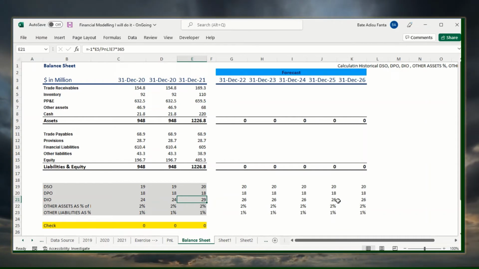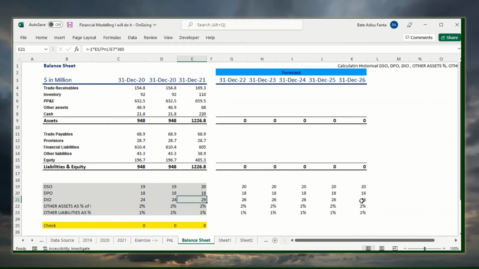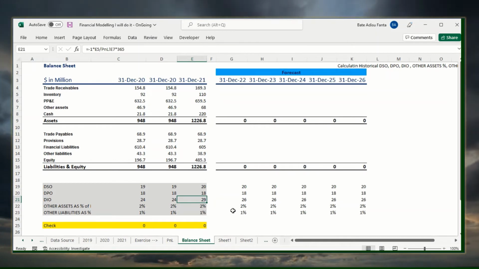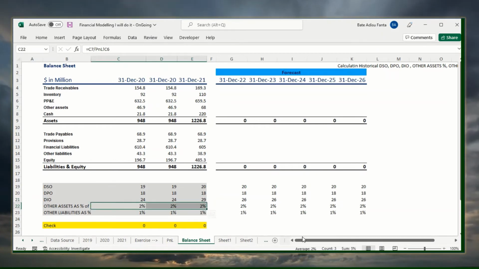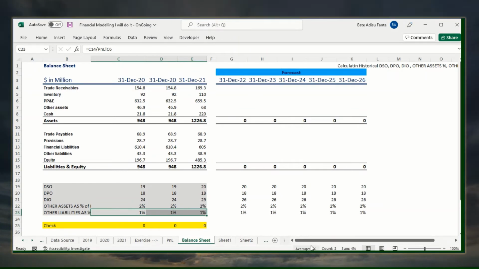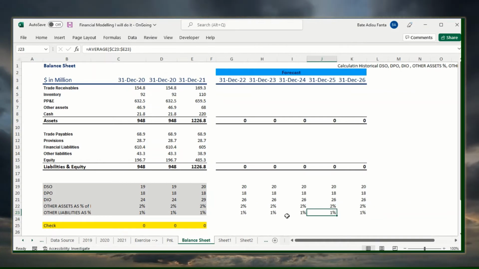So the projection will be the same for all 5 years, 26 days. In the same way, DPO 18 days for all forecast period, it is the same. So other assets in the same way, if you see the average is 2%, for other liabilities, average is also 1%.